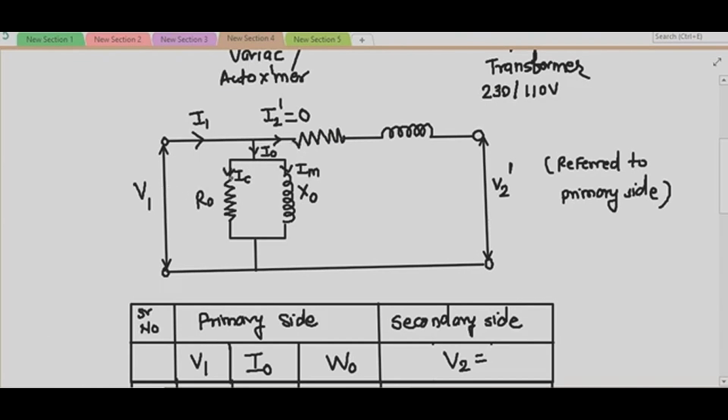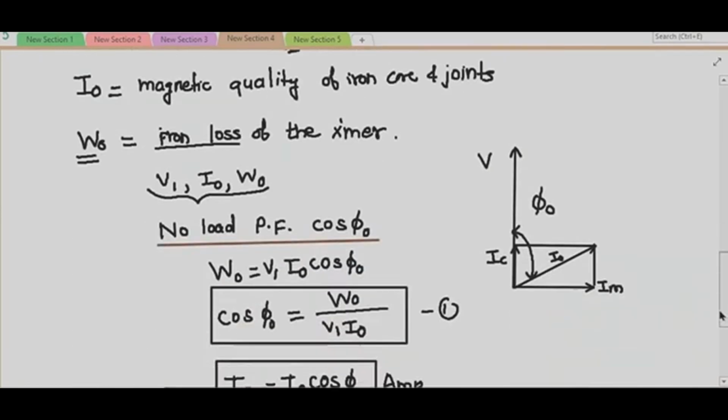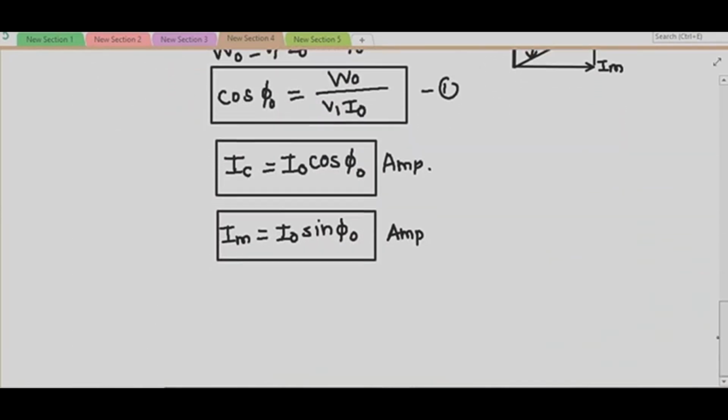So V1 divided by Ic, I can find out R0. Similarly, the voltage across X0 is nothing but V1. So V1 divided by Im will give me X0. So from the OC test, we can determine the parameters of the shunt circuit.